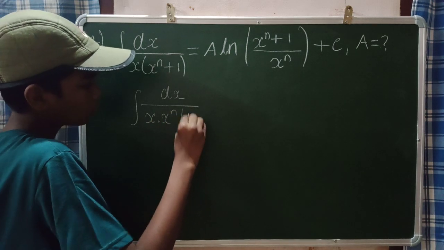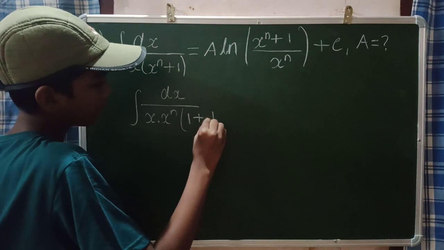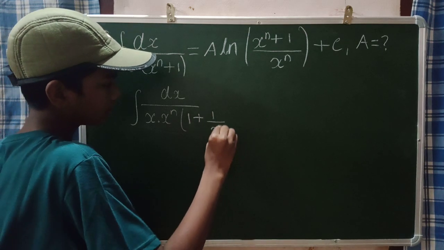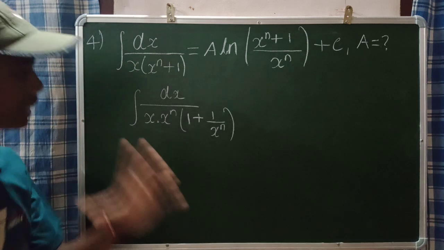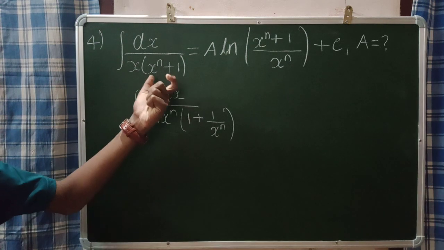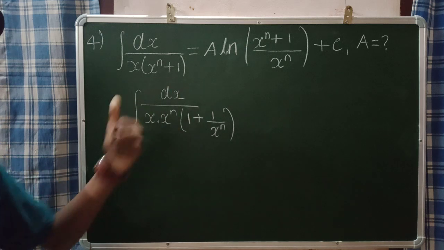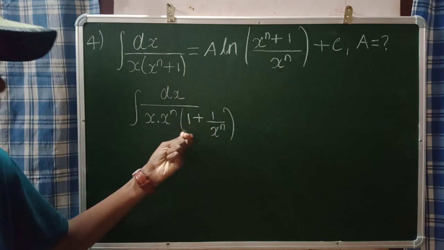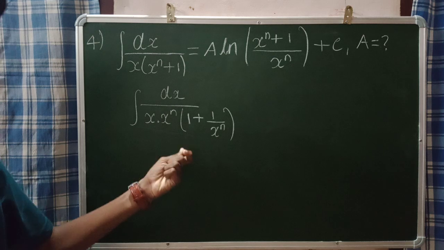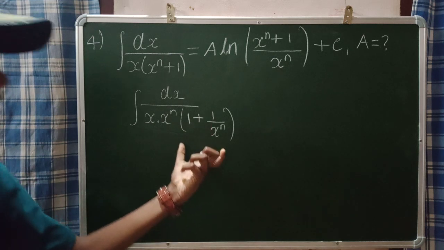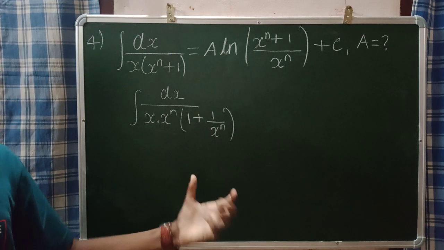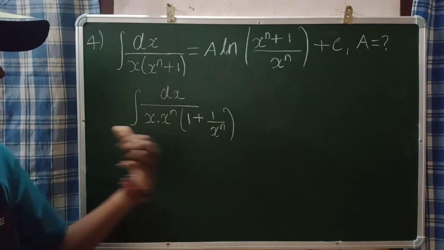Then you will get 1 plus 1 by x to the power of n. This is the remaining term which you will be having when you take x to the power of n common in this expression, x to the power of n plus 1.